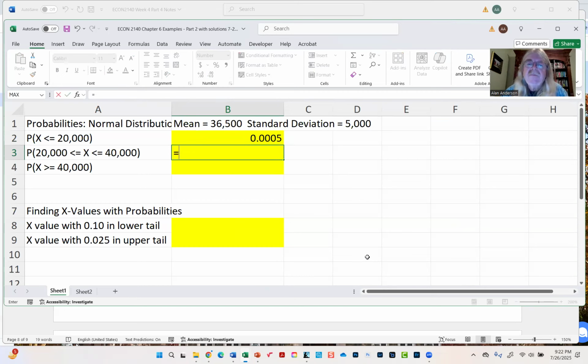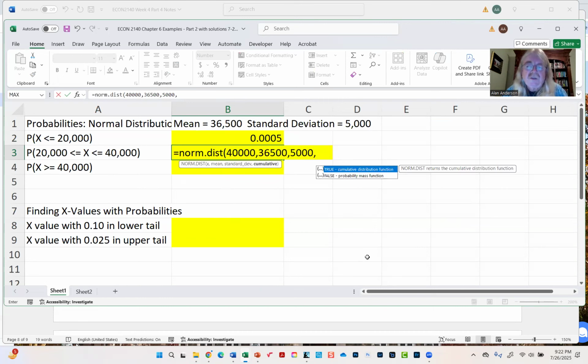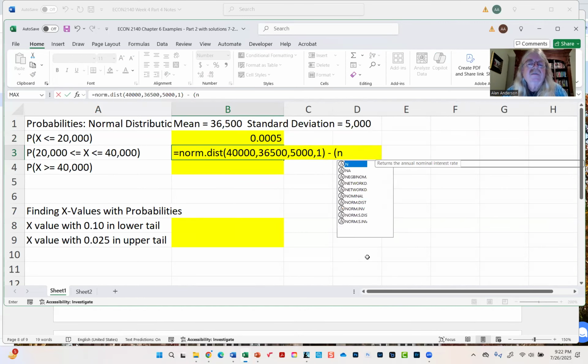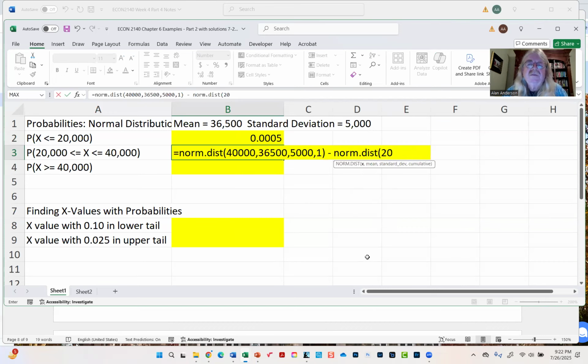Then we have an in-between problem. Now remember how this works. We're going to do norm.dist of 40,000. The mean is 36,500. The standard deviation is 5,000. Don't forget the 1. And then we subtract from that norm.dist of 20,000, comma, 36,500, 5,000, 1.